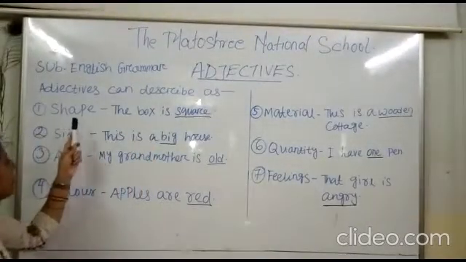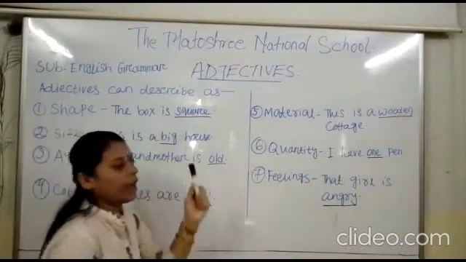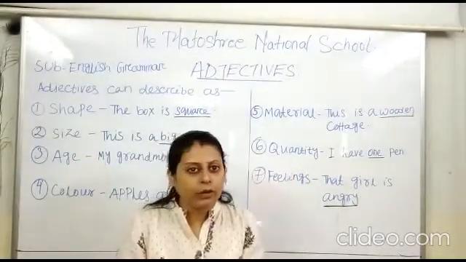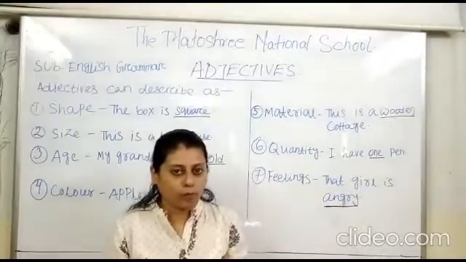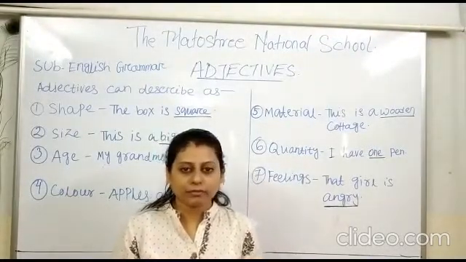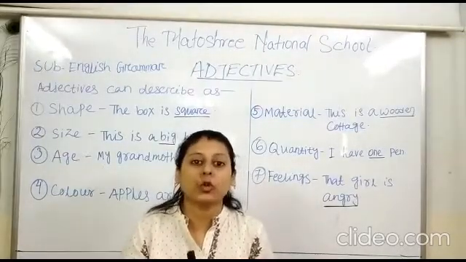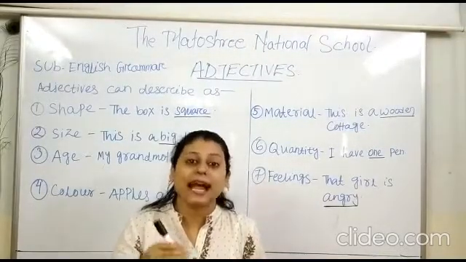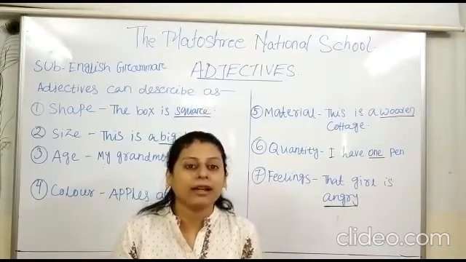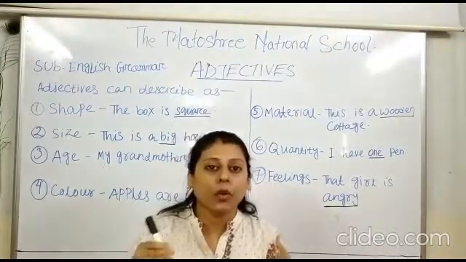First is shape. The box is square. We have different types of boxes at our home. Some are square, some are rectangle. So square is an adjective which shows what type of box it is. It is a square box.